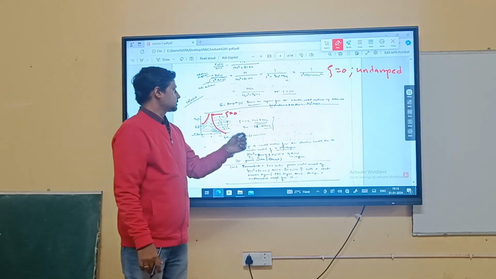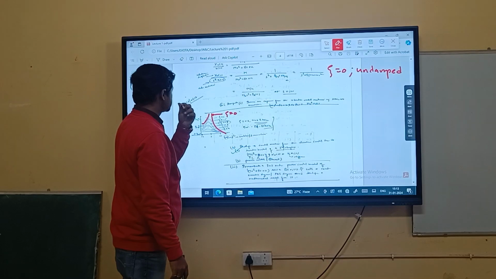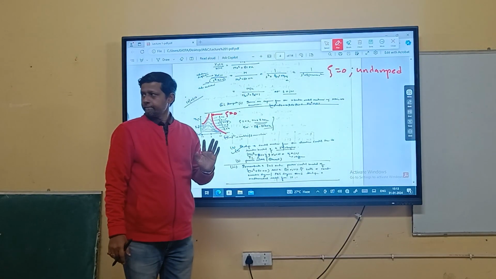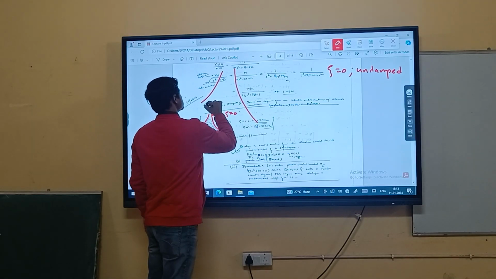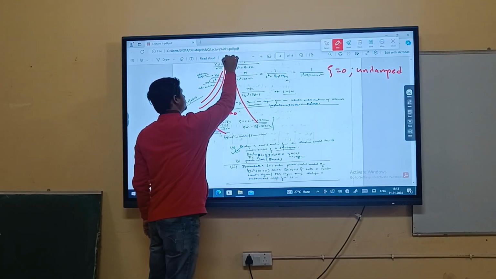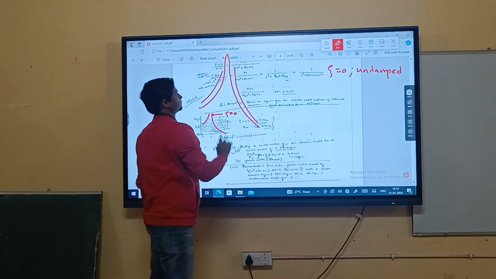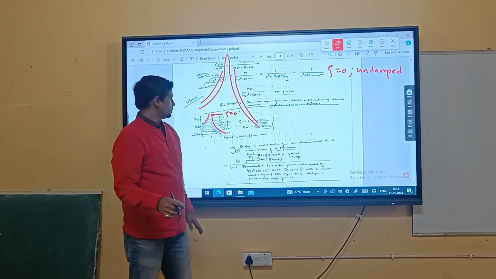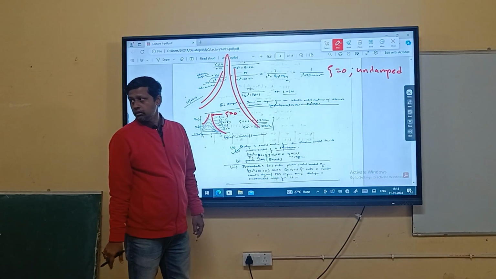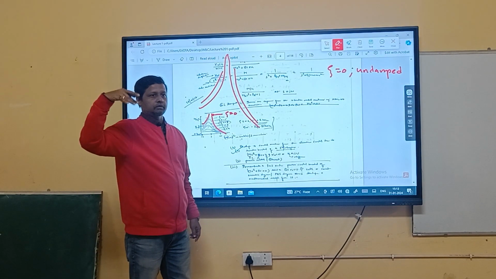Understand? Now take some value. Let's say zeta is equal to 0.1. So if zeta equal to 0 is moving in this way, then zeta equal to 0.1 will move somewhere like this. Getting my point? Then 0.2, keep on increasing the value of zeta.